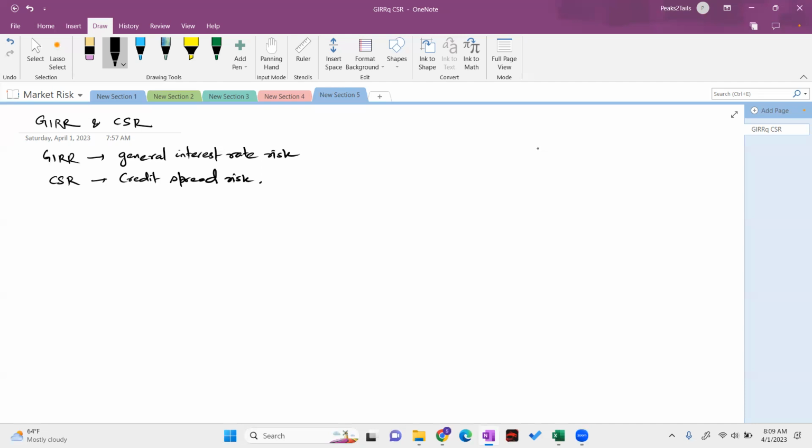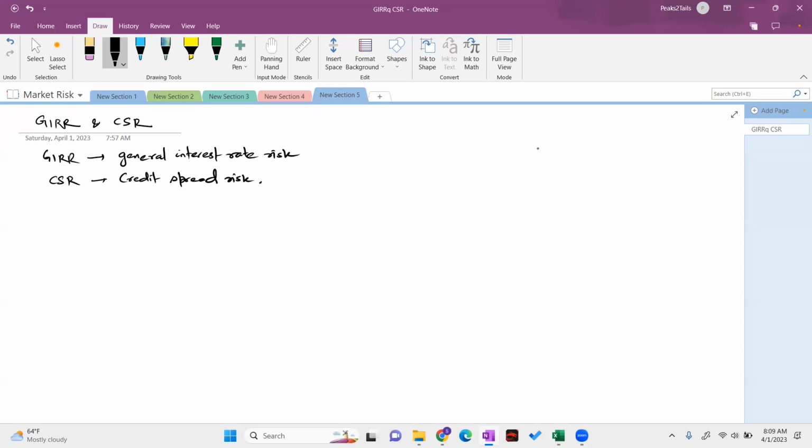Okay. So yeah, so that's basically sort of the introduction to GIRR, and CSR refers to credit spread risk. When we deal with risky bonds, like corporate bonds, which are not default free, then we discount their cash flows using a higher sort of yield curve, right? Because if the securities are defaultable, they will give you a higher yield. Otherwise, why would you buy it, right?